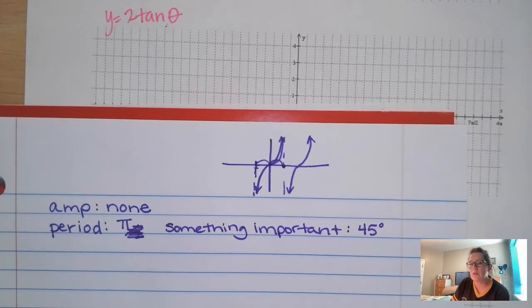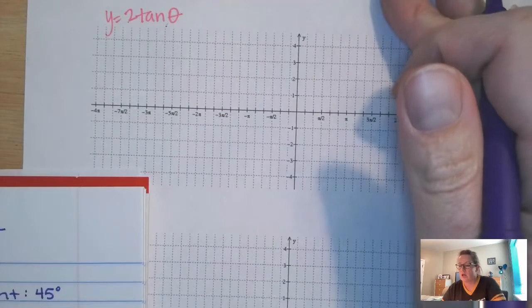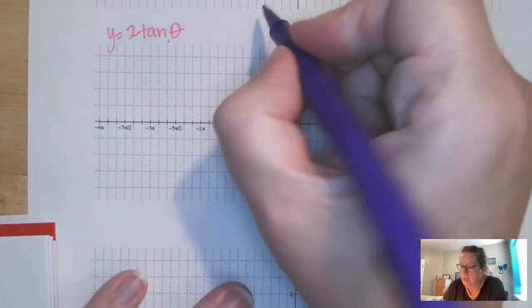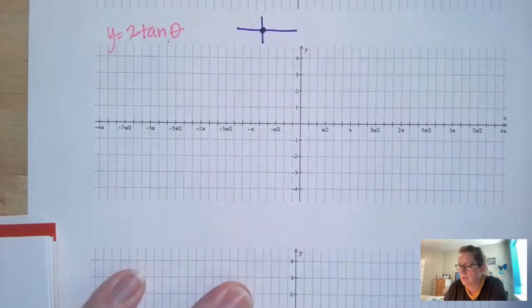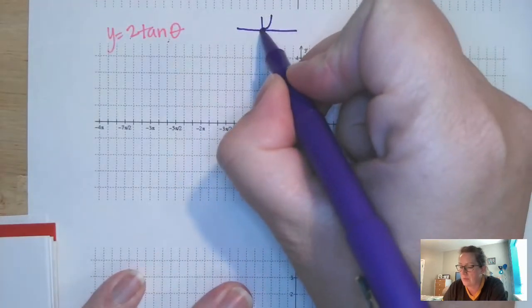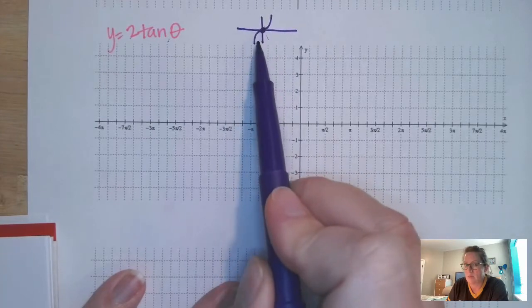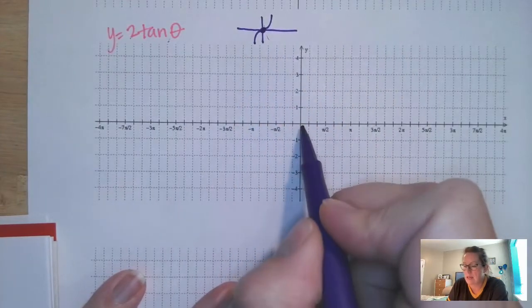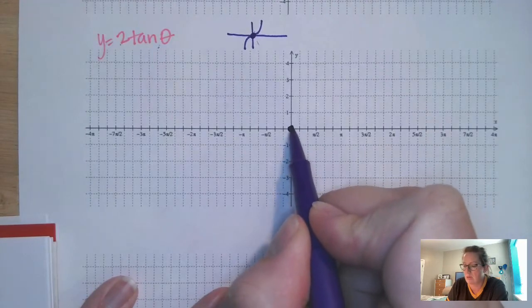Okay, we're going to use the starting point of 0 on all of these, like where the x and y axes cross, okay? I'm going to do a little sketch like I always do for tangent. Tangent is going to go through the origin and go up, okay? So at this spot where the x and y grid cross, what is it? Is it an asymptote or is it a 0? It's a 0. So we're going to put a 0 there.